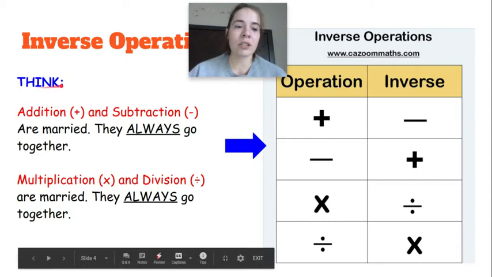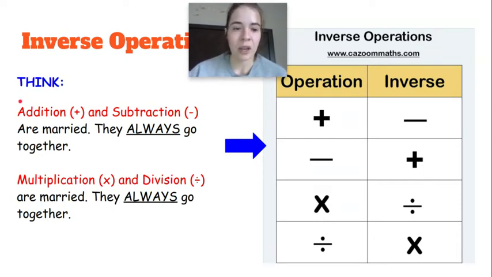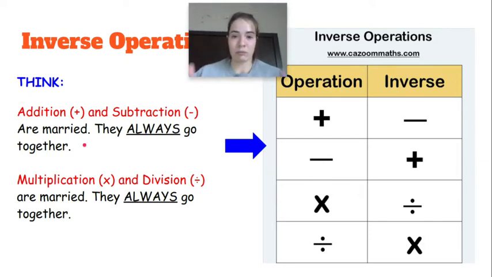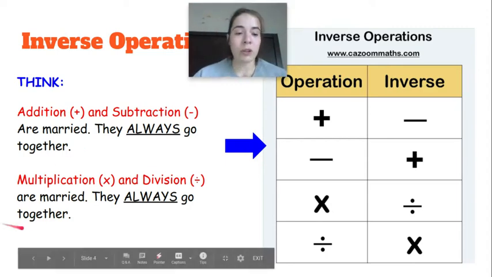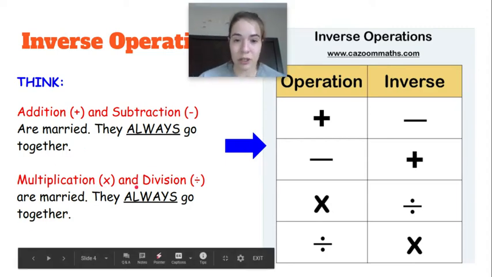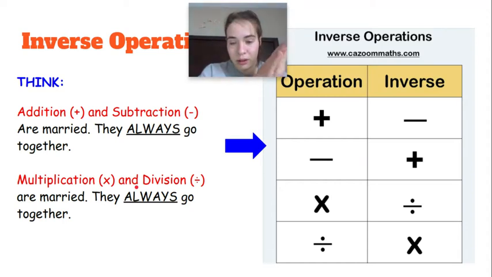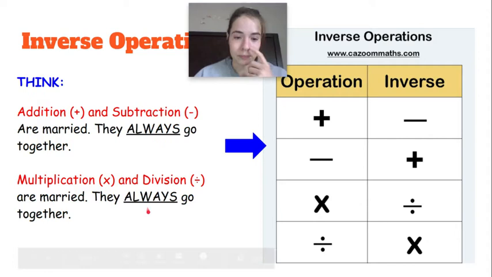All right, so this is what I want you to imagine. This is going to make your lives a little bit easier. Addition and subtraction are married, okay? They always go together. Multiplication and division are married. They always go together, no matter what.